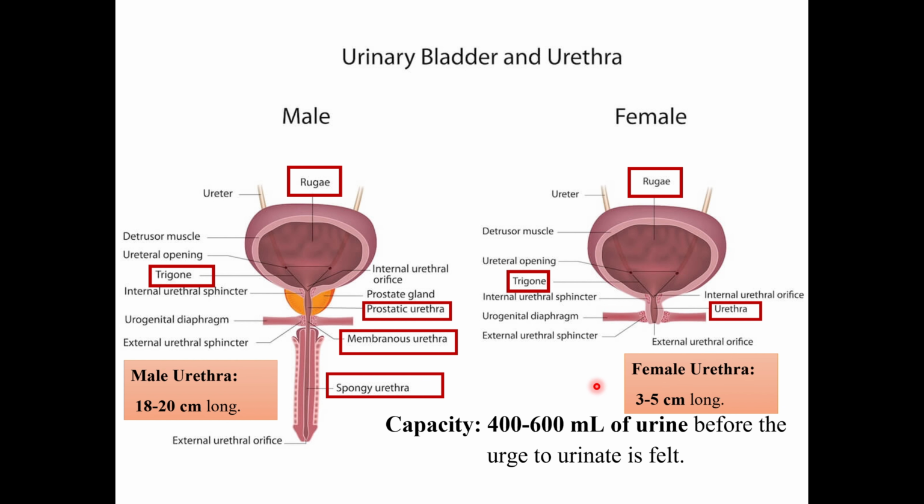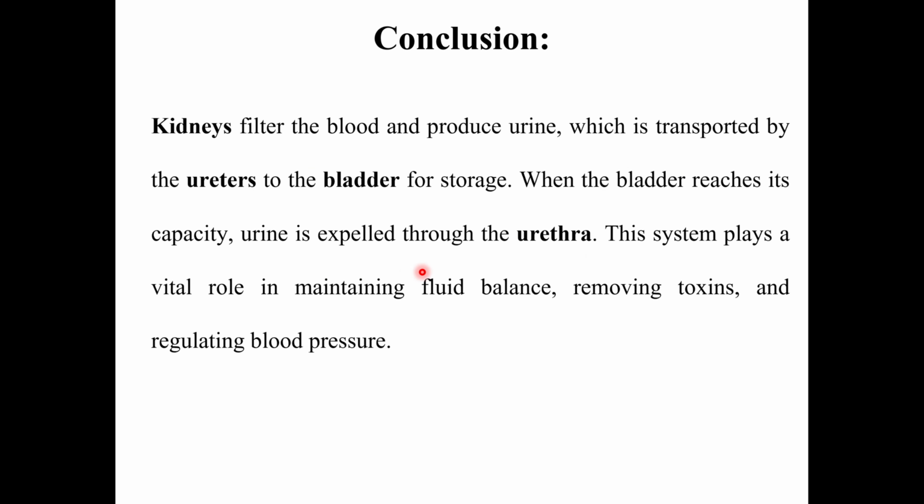Okay, so this was about the urethra. We have already talked about the kidneys, ureters, bladder, and urethra. In conclusion, we can say there are two bean-shaped kidneys that filter the blood and produce urine, which is transported by the ureters to the bladder for storage.